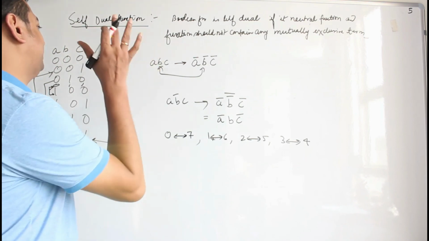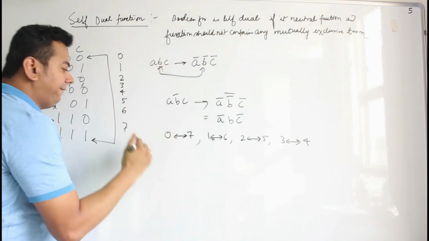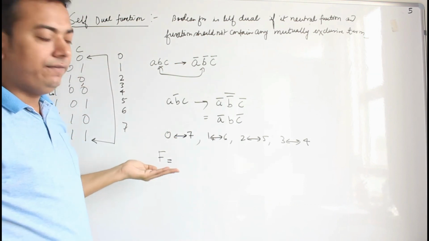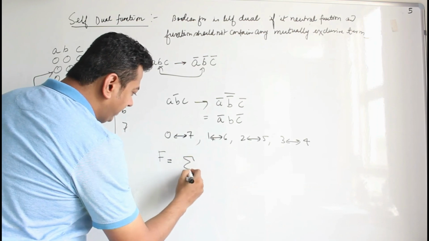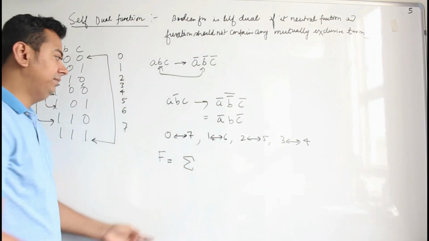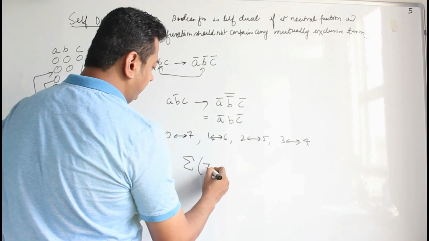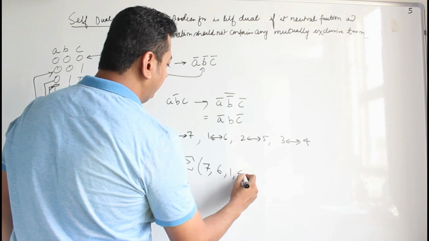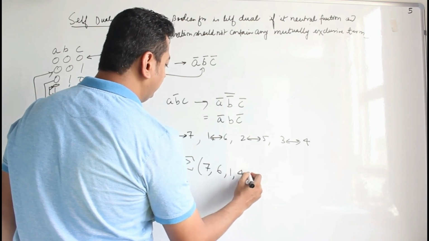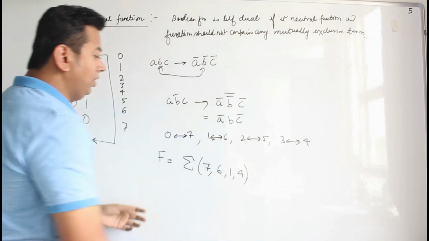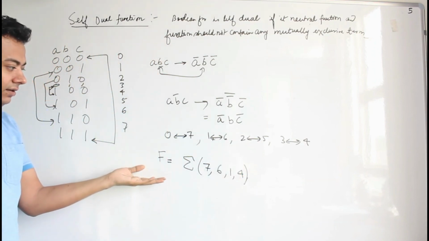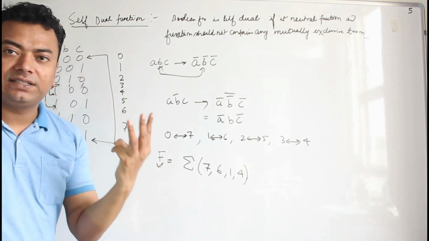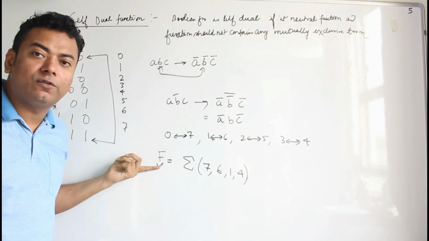Now, any function if it is given, let us suppose the function is given in terms of canonical min terms: 7, 6, 1, 4. First we need to check how many Boolean variables are associated with this function. If it is 3, what is the total number of rows possible?